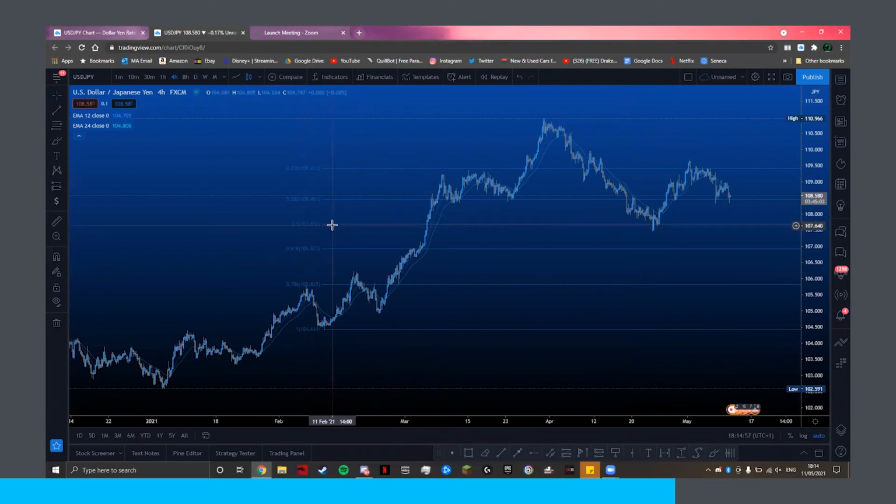Okay, so keep that in mind. When you want to measure how far the retracement could go, you can use the Fibonacci retracement tool to give you an indication as to where it will then stop and then start the thrust again.